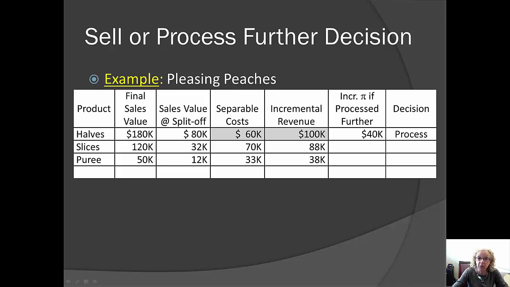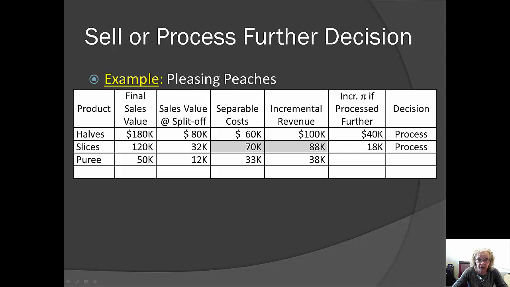So we would decide to process them further. When it comes to the peach slices, we get an additional $88,000 of revenue, and it only costs us $70,000 to process the slices into pie, giving us an increase in profit of $18,000. So of course we're going to process the peach slices further.